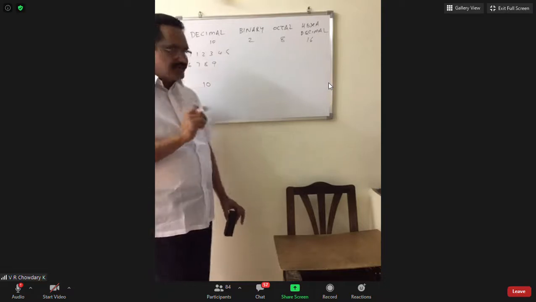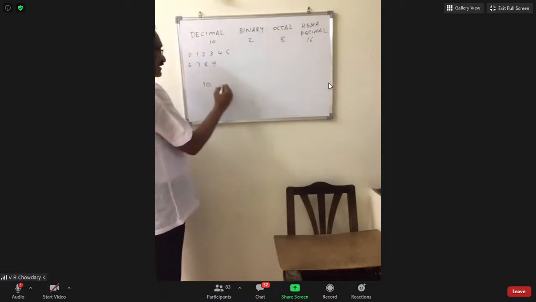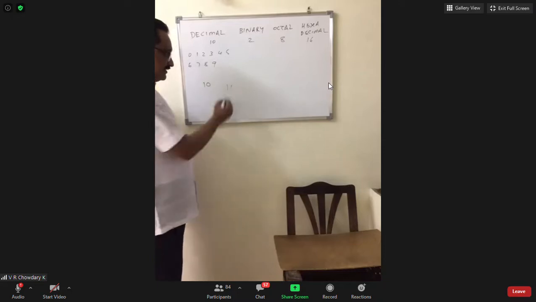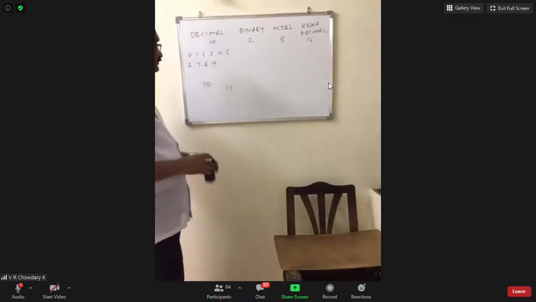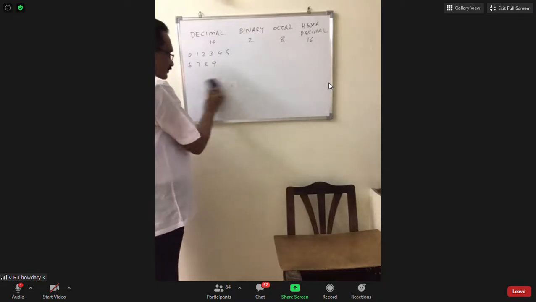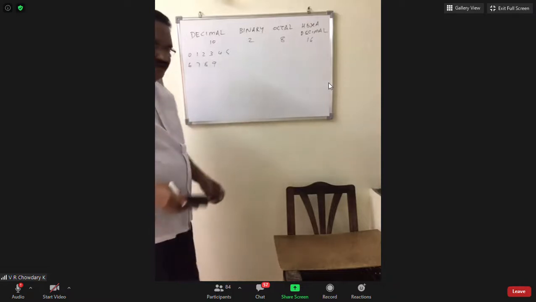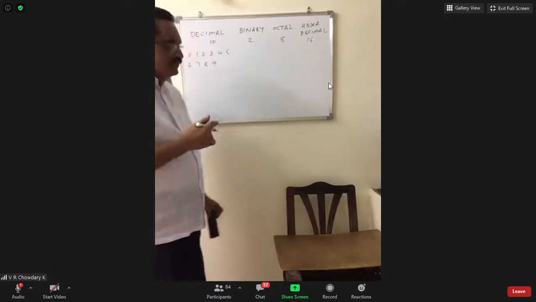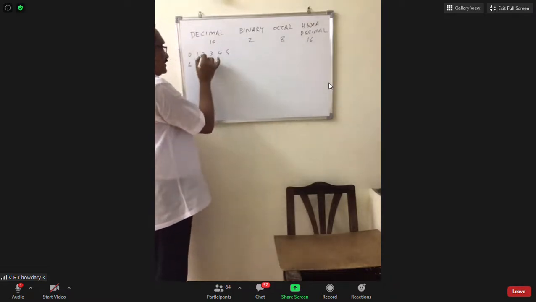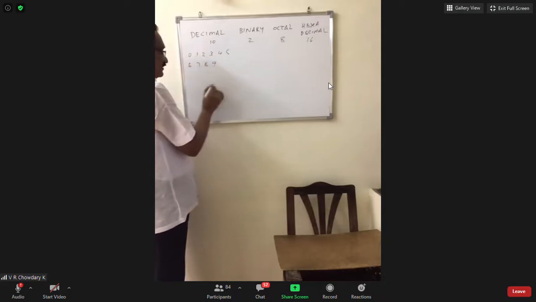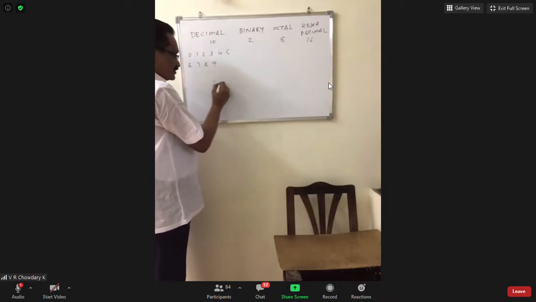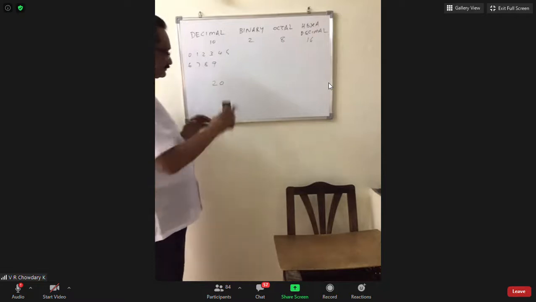For 11 quantities, second digit followed by the second digit, that is 11. Similarly, for 20 quantities, the third digit followed by the first digit, that is 20, etc.